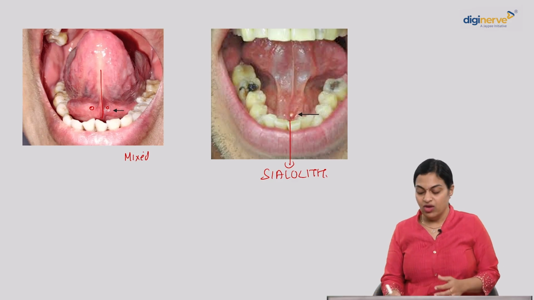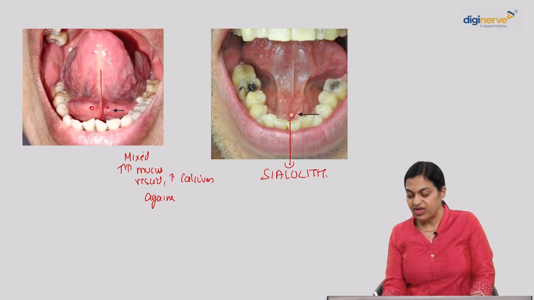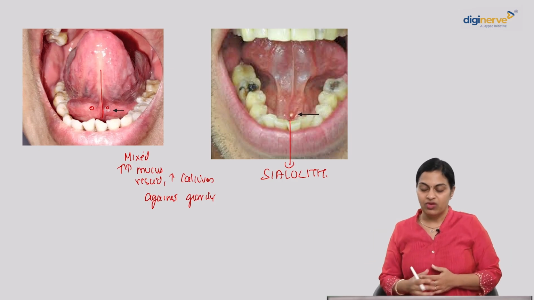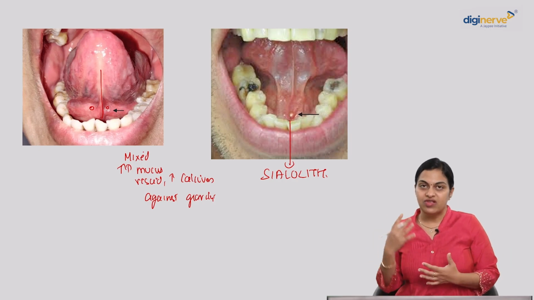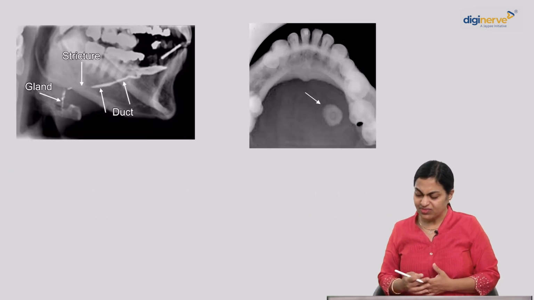Here it's mixed, so it will have more mucus, more viscid secretion, more calcium, and the drainage is against gravity. You can see that the submandibular salivary gland is below here, but the duct has to go up. So these make sialolith formation more common in the submandibular salivary gland.